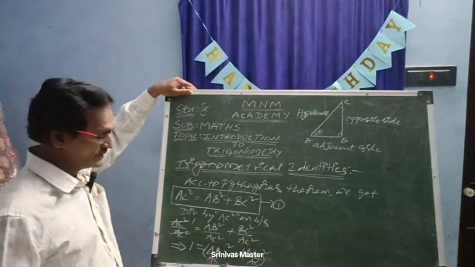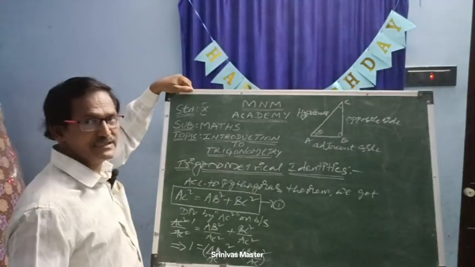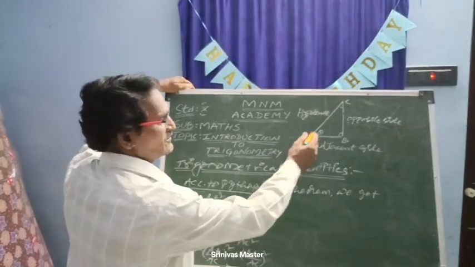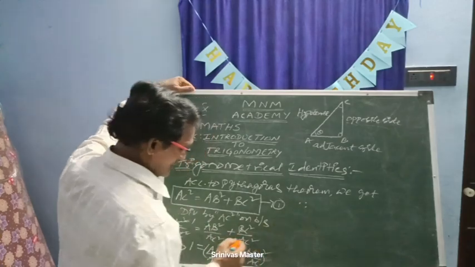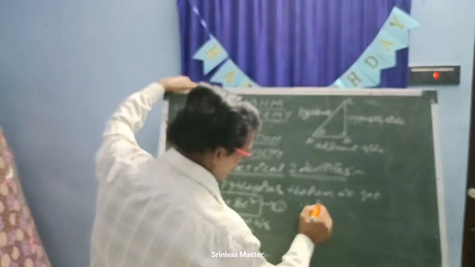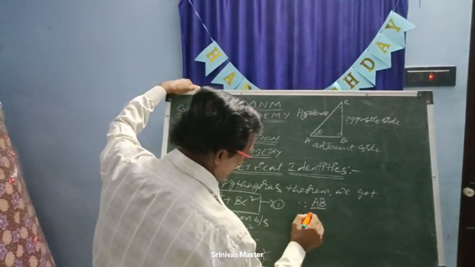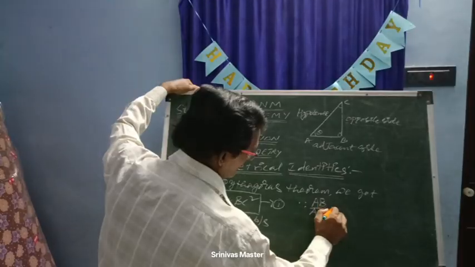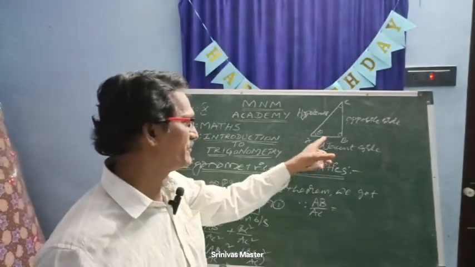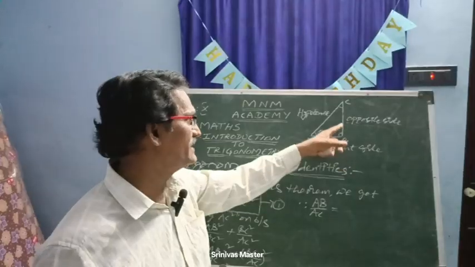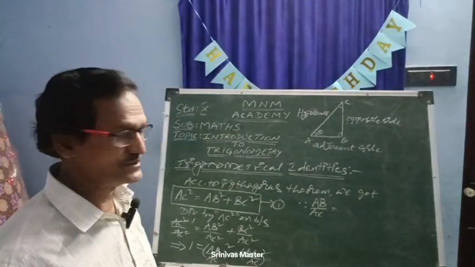Now AB by AC and BC by AC, what do they belong to? From this triangle, AB is the adjacent side and AC is the hypotenuse.